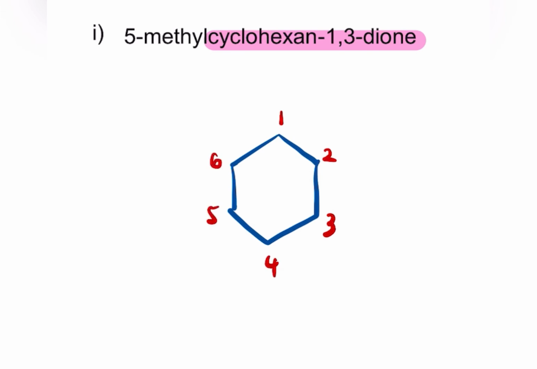And at position carbon number 1 and 3, I have dione, means double bond O. So I'm going to draw that, double bond O here and double bond O here. And next one, at carbon number 5, I have a methyl group. So I'm going to put one methyl group at the 5th carbon. This is the structure for I.